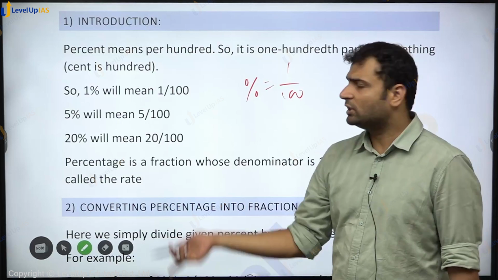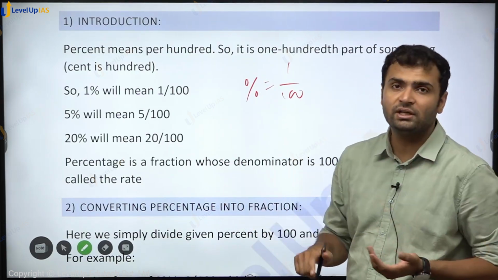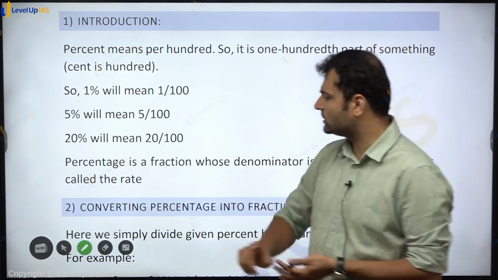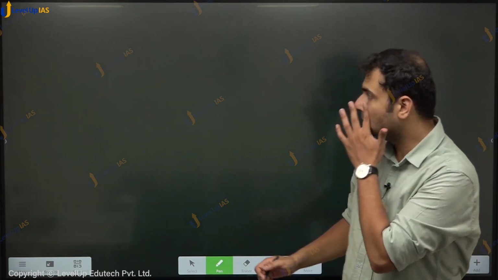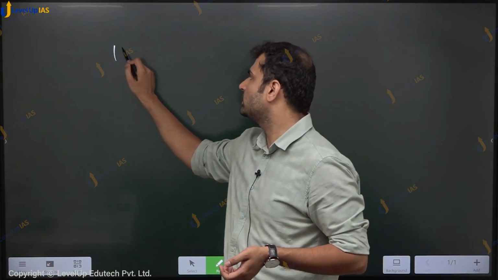Fine. जब भी परसेंट साइन को हटाना हो, whenever we want to remove the percentage sign, we just divide by 100 and remove the percentage. Next two sections are about converting fractions into percentages and percentages into fractions. For example, let us say 10%.